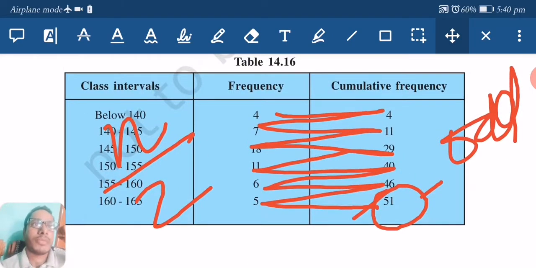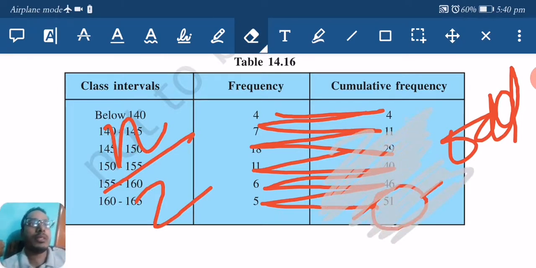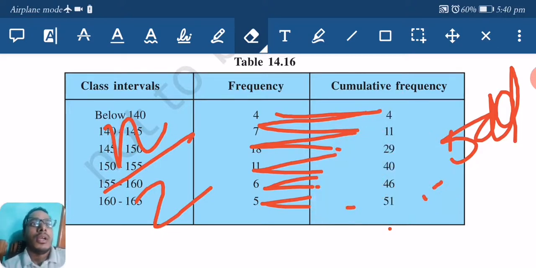So from the given data, I'll erase this out, only the cumulative ones. The value here is 25.5, which is more than and close to 29.